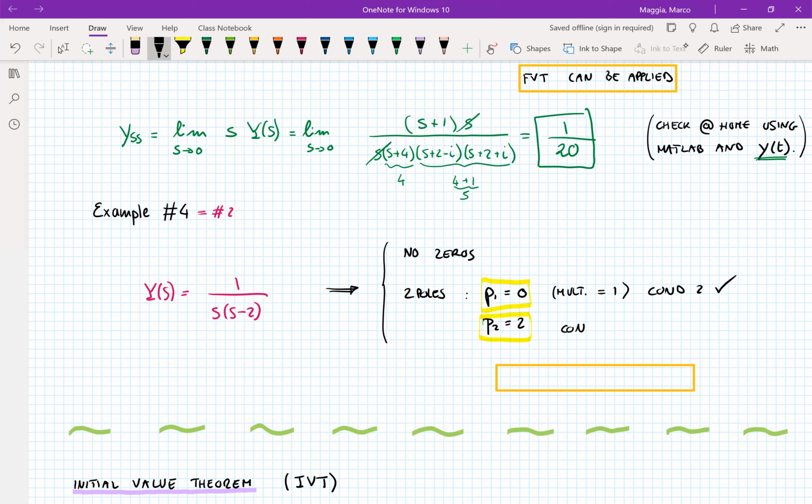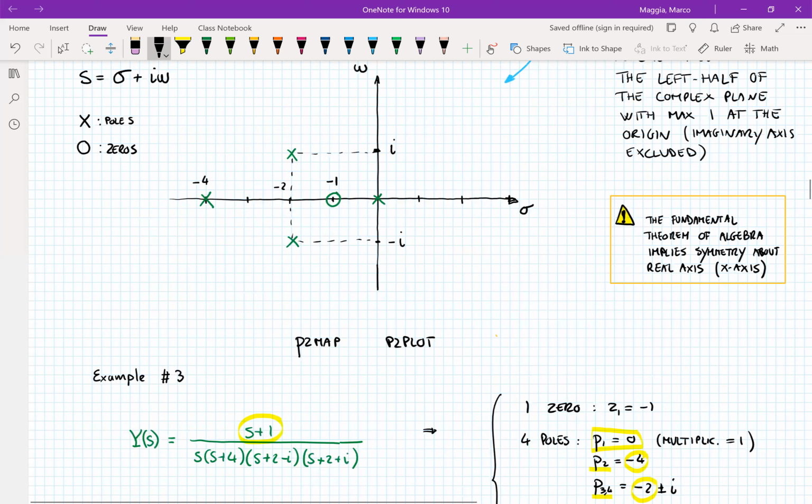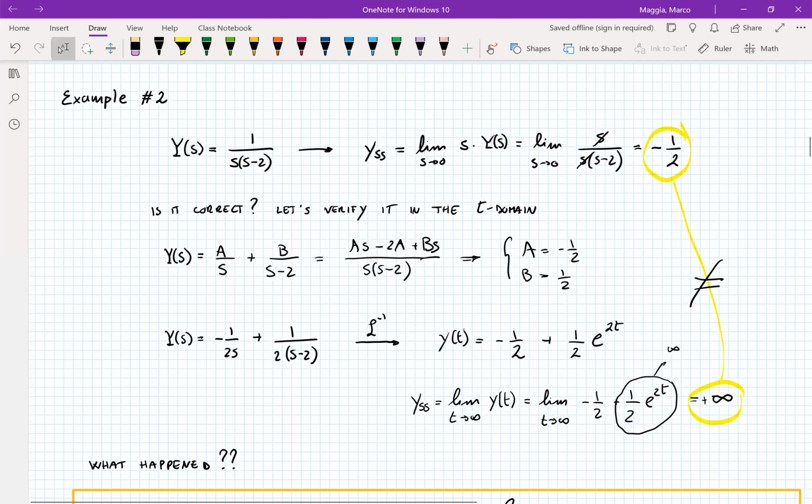So condition 1 is not met. Therefore, the final value theorem cannot be applied. We verified that earlier on by directly finding the final value, applying the limit in the time domain.